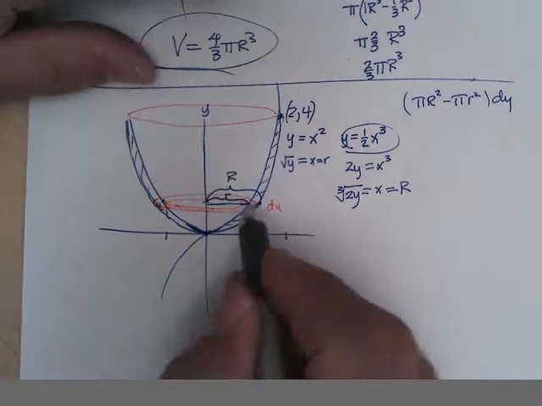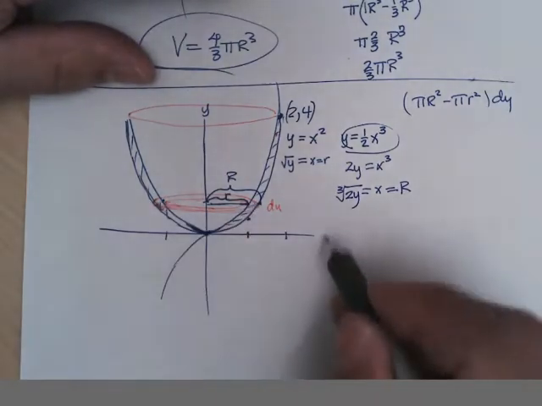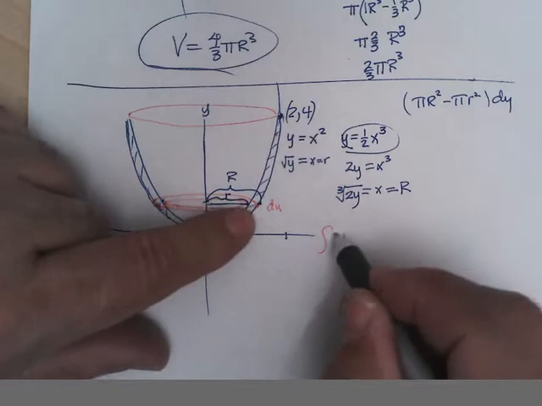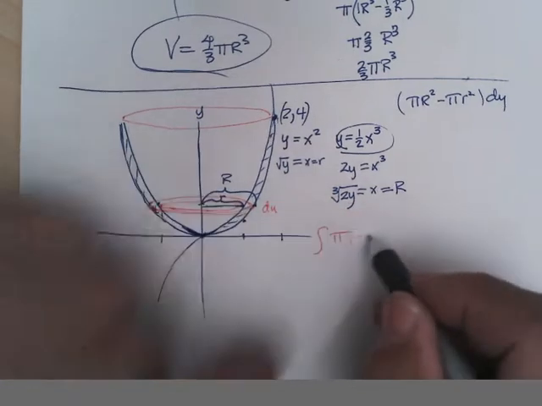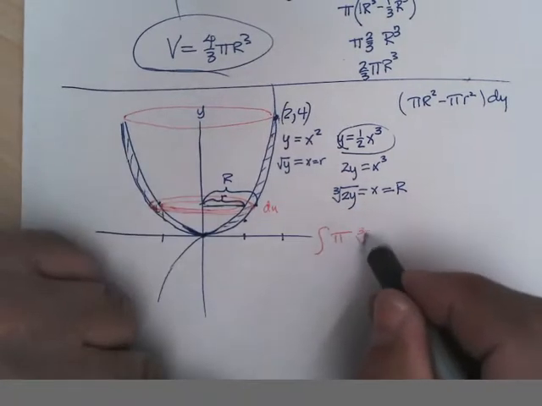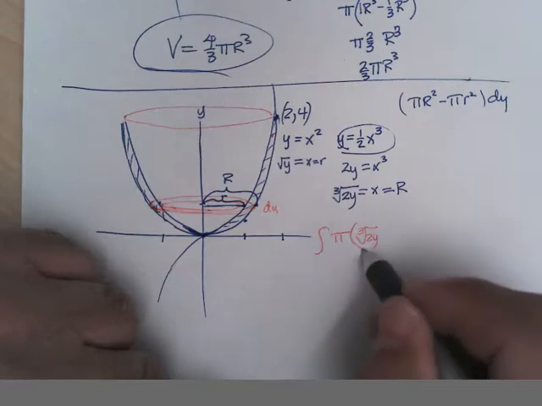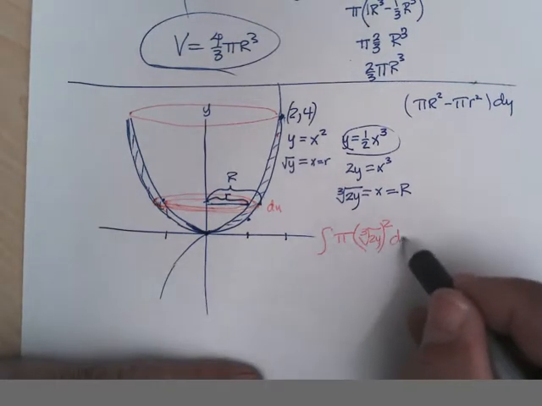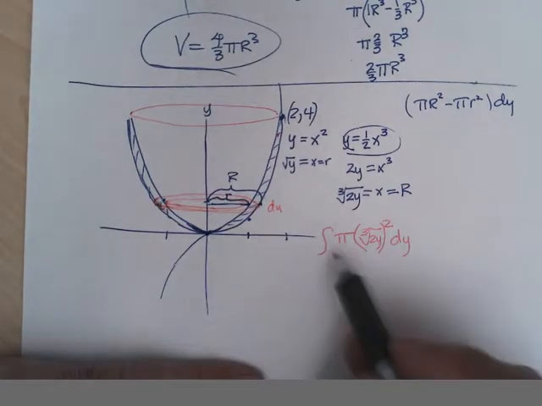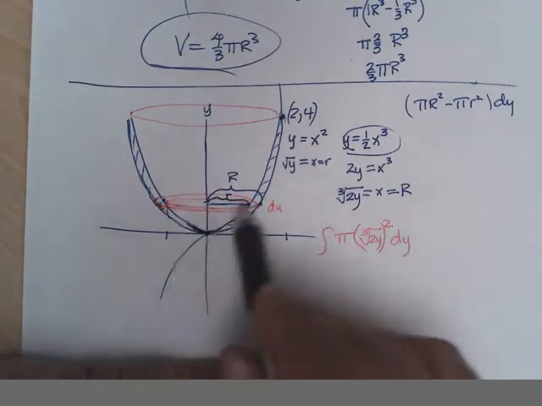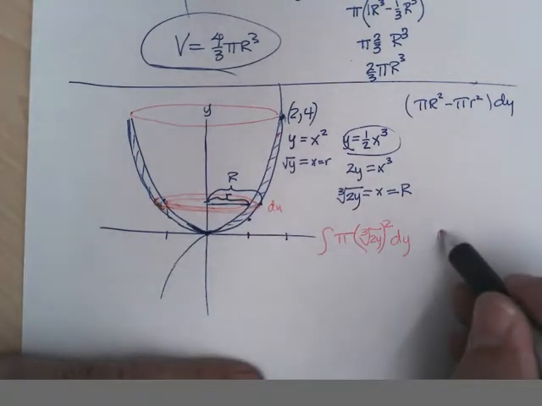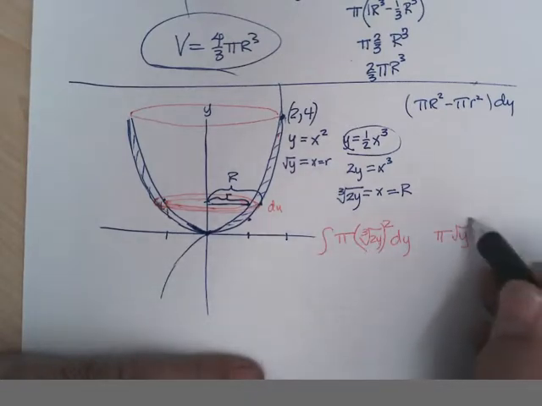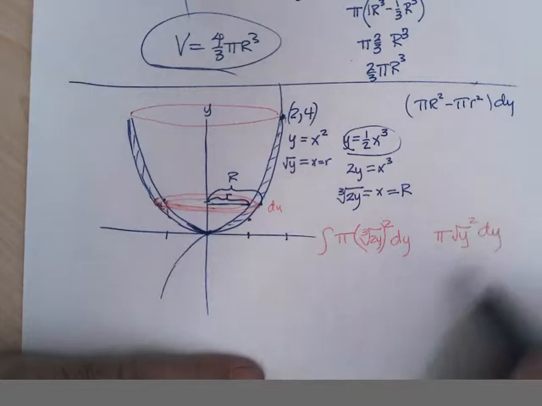So the volume of the full disk would be pi big R, which is the cube root of 2y, squared, times the height. And the volume of the inside disk would be pi small radius squared dy.